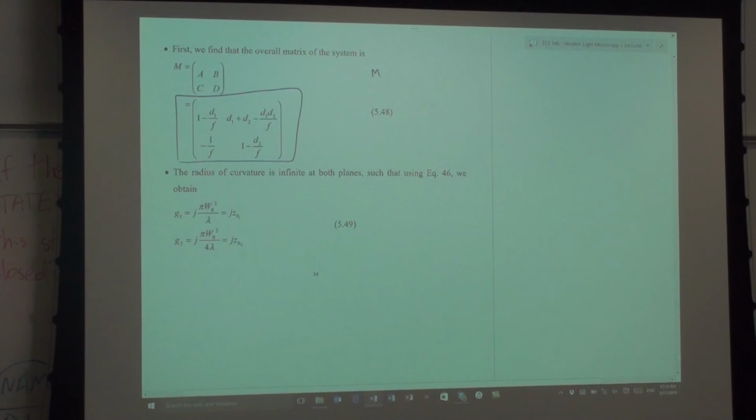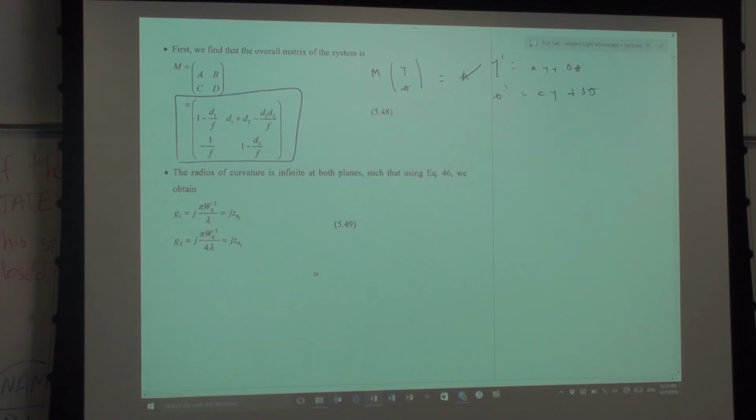If I have M times y and theta, it gives you y prime equals A y plus B theta, and theta prime equals C y plus D theta.